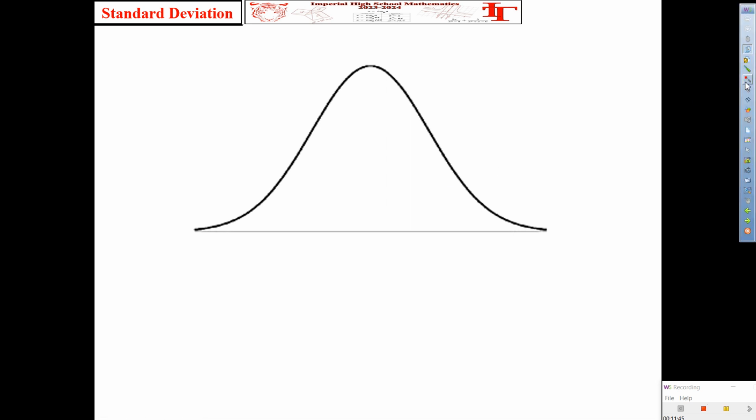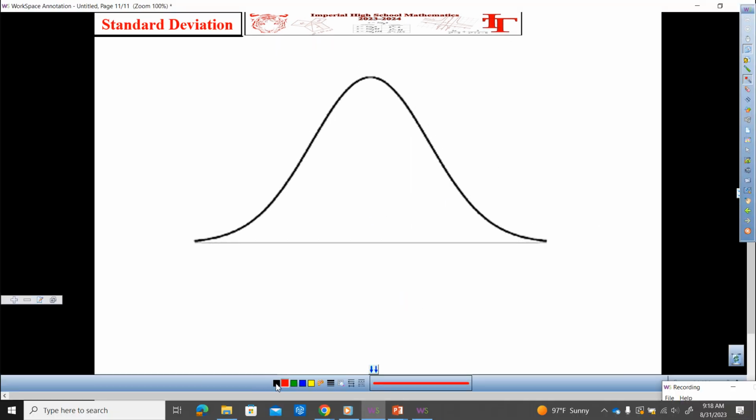All right. You're like, what is that, Mr. Q? Well, students, bell curve.